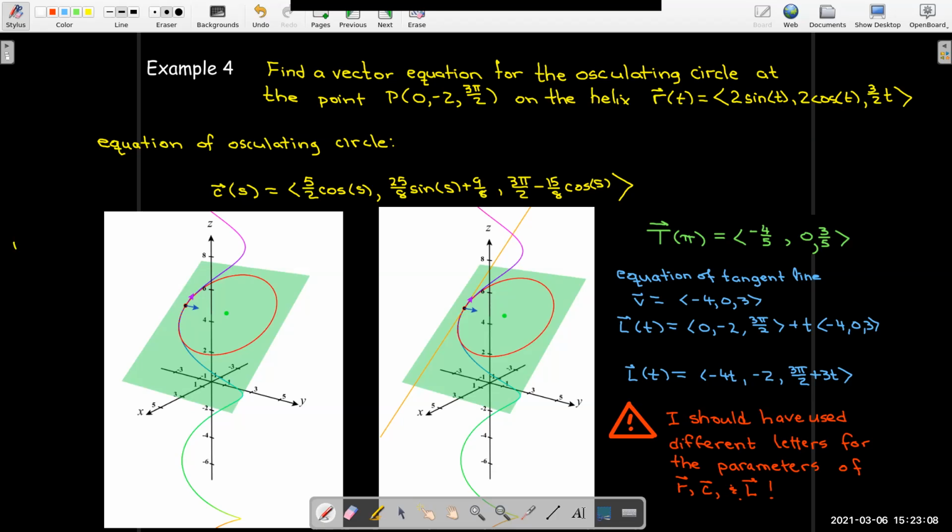So r of pi, so that's t equals pi, corresponds to c of 3 pi over 2.